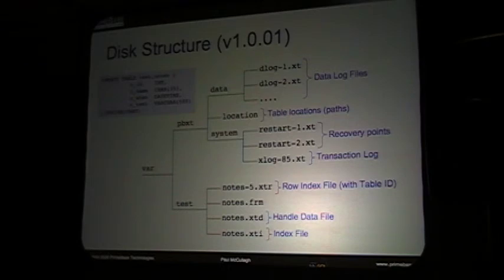And then there are 2 restart files, which contain the recovery points, and PBXT writes them alternately, so one is always valid. And the data directory contains the data log files. These are the files that contain most of the database, and we'll be looking into that in a bit more detail in a minute.